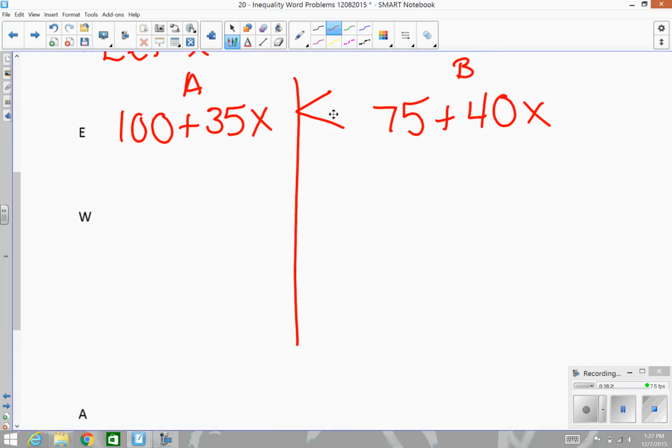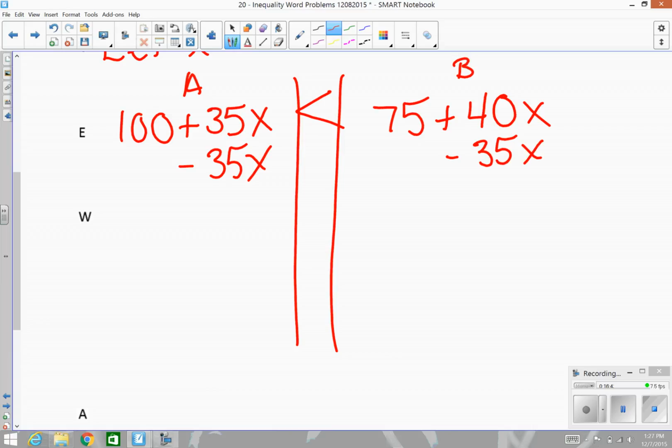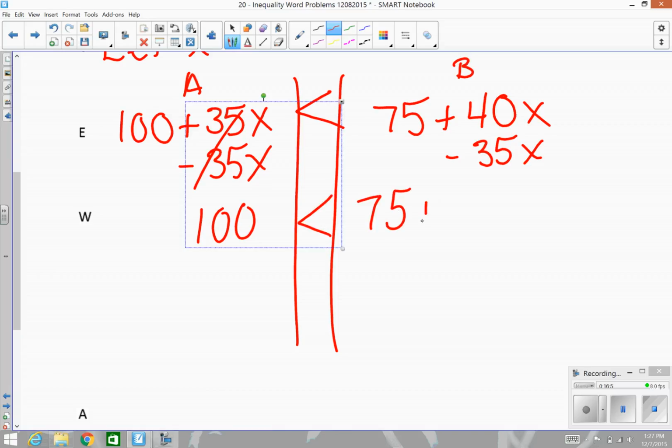So let's solve. This is a situation where we have variables on both sides, and you want to move the smaller one. 35x is smaller than 40x, so I'm going to start by subtracting that to the other side. Notice how I line up my x's with my x's. These go away, and I get 100 is less than 75 plus 5x.